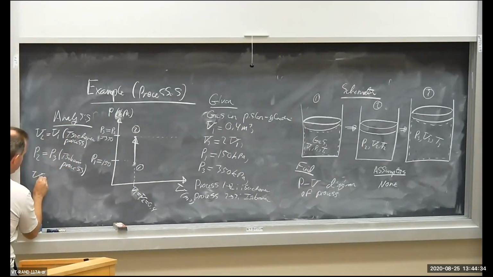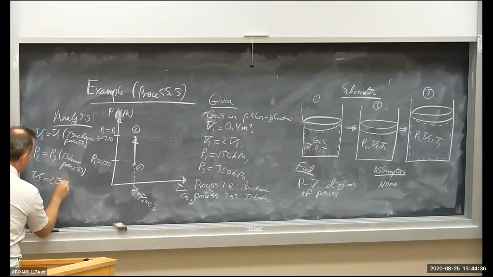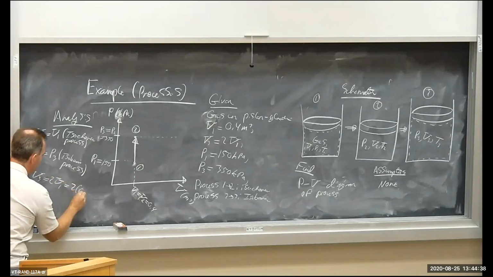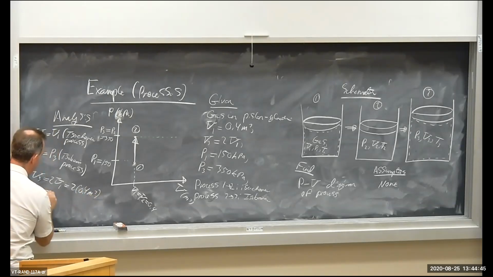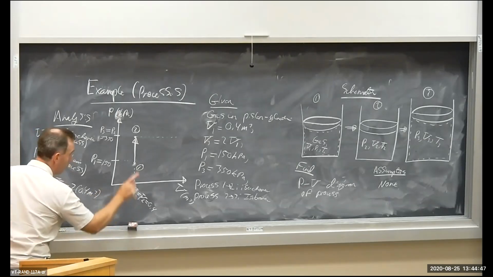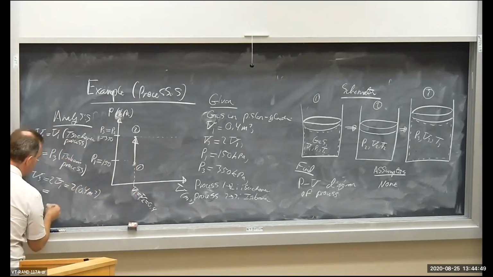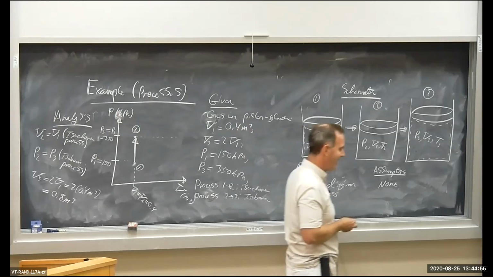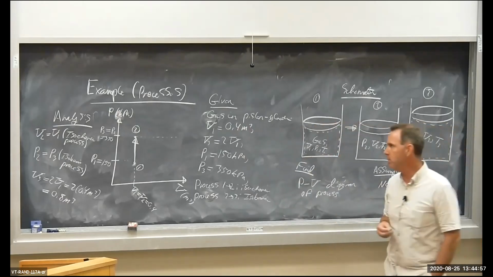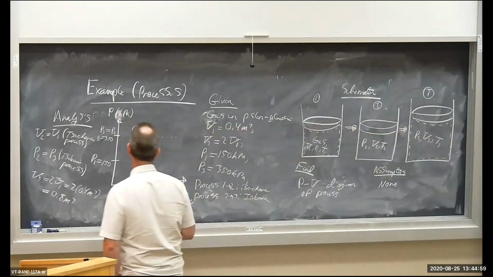So V3 is 2 times 0.4 cubic meters, or 0.8 cubic meters. Sorry, I'm running out of space. I want to do this all on one board. V3 is 0.8 cubic meters because volume is doubling from state 2 to state 3.